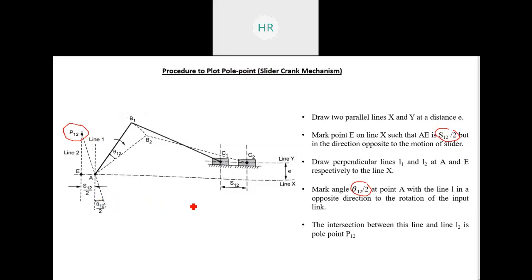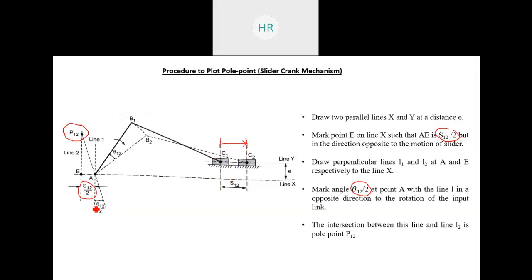And one more thing to note here, that this S12 by 2, in which direction you have to take it. अगर आप यहाँ पे देखोगे तो स्लाइडर का फर्स्ट पोजीशन यहाँ पे एंड सेकंड पोजीशन यहाँ पे, मीन स्लाइडर राइटवर्ड डायरेक्शन में मूव हो रहा है, यू कैन से.